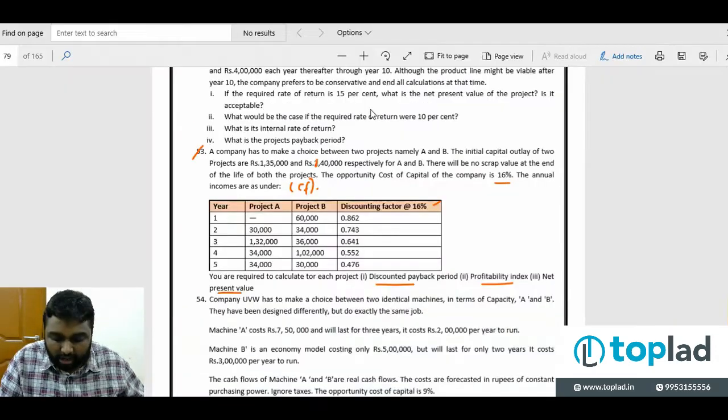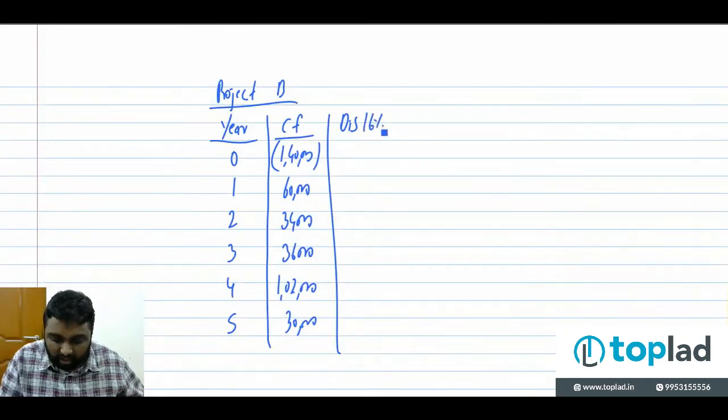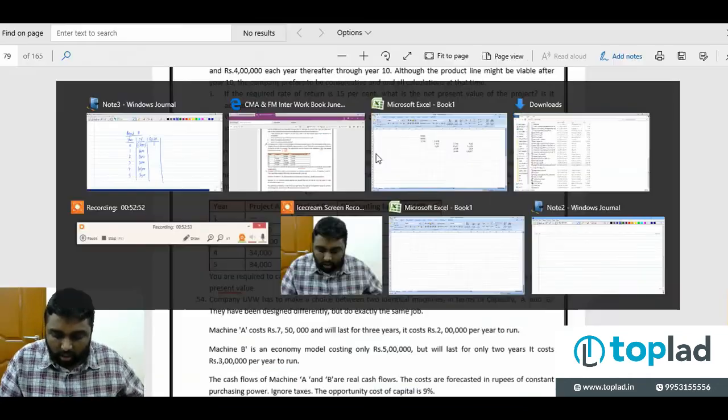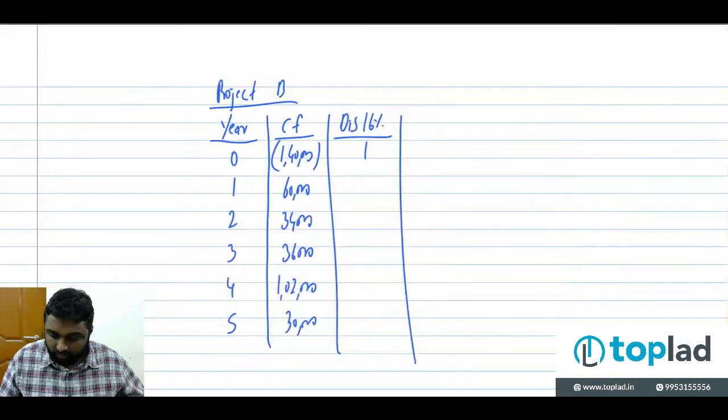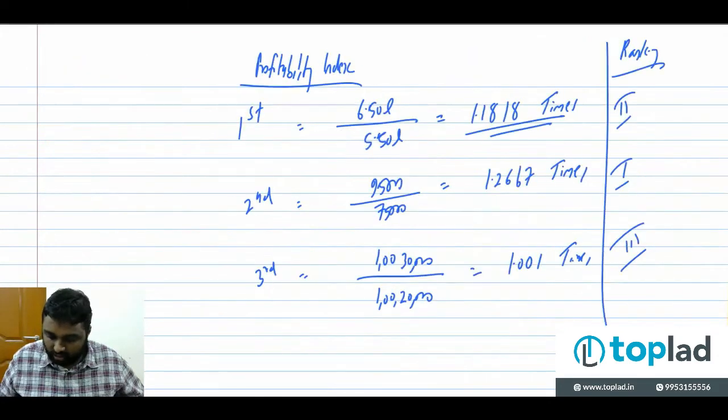For that we require the discount rate. What is the discount rate? Discount rate at the rate of 16%. So we already have the discount factors with us.